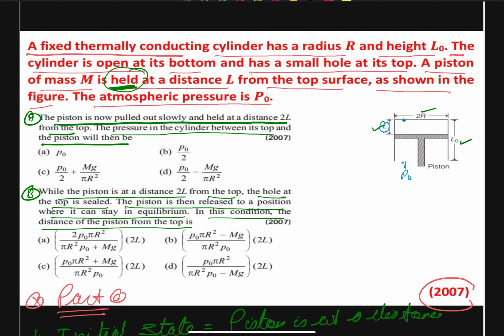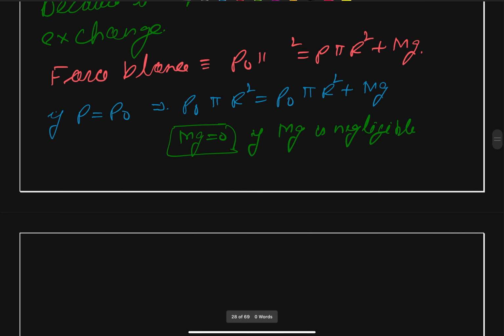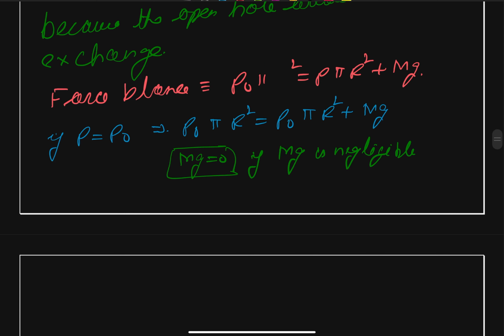Therefore we can say that the pressure inside the cylinder will be nothing but our P naught, because if we ignore this term held, then our mg will be equal to 0.